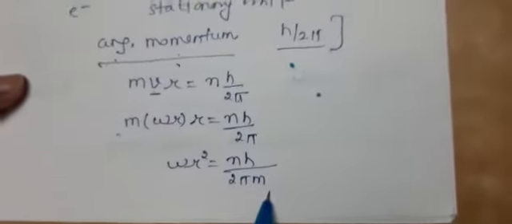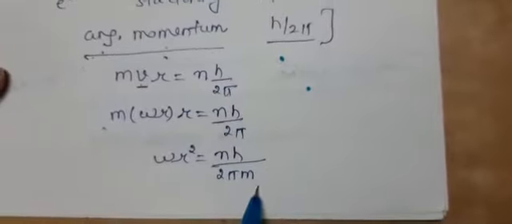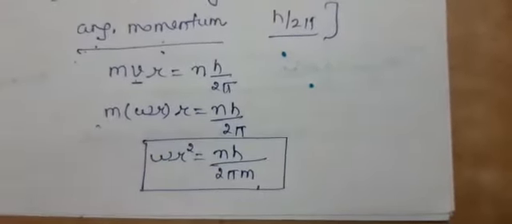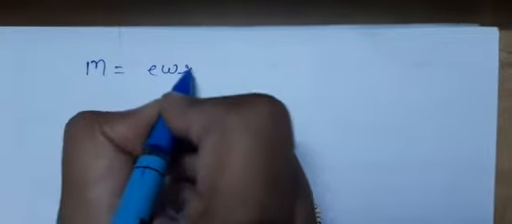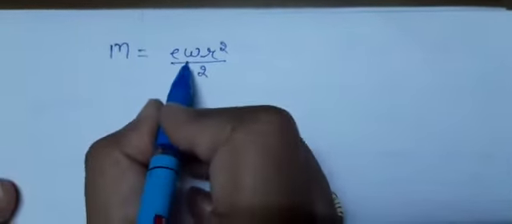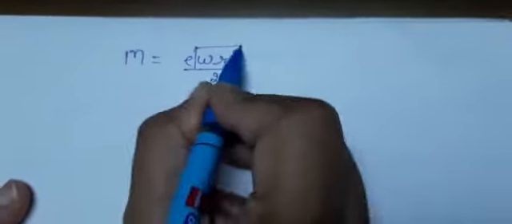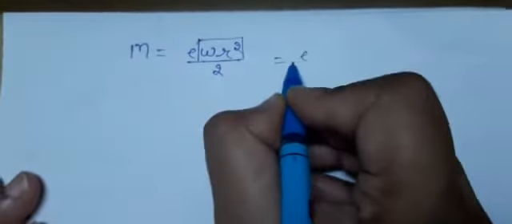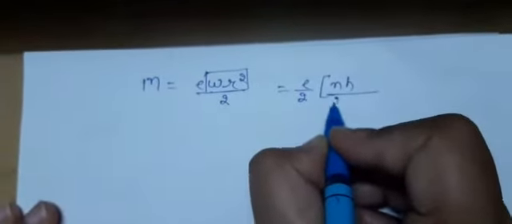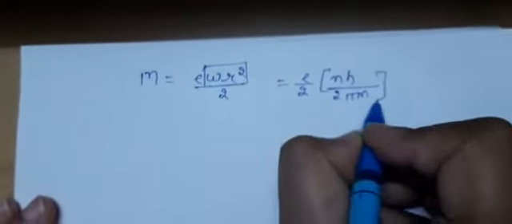Now we have calculated omega r square. The magnetic moment we have already obtained was e omega r square upon 2. So I will substitute omega r square as n h upon 2 pi m.